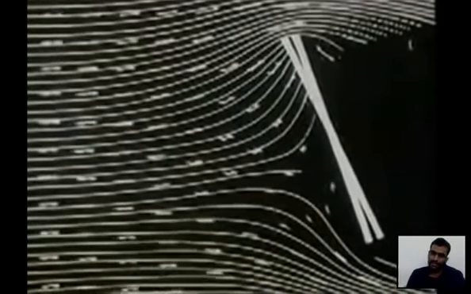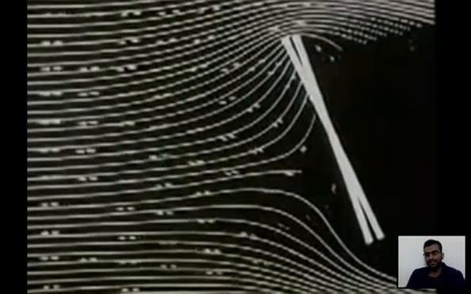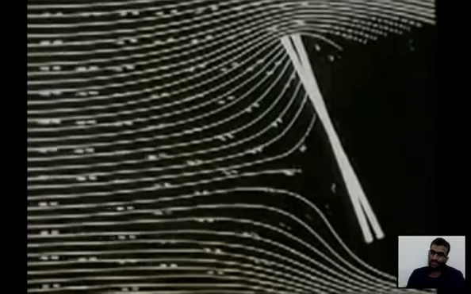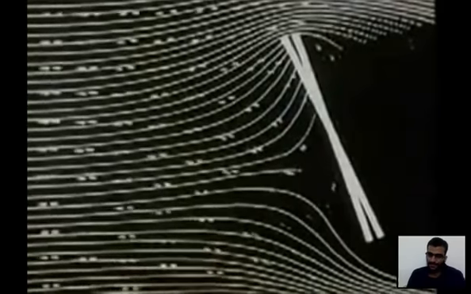Now again, if we observe the streamline pattern, will it coincide with the path line or streak line? That we will just see.